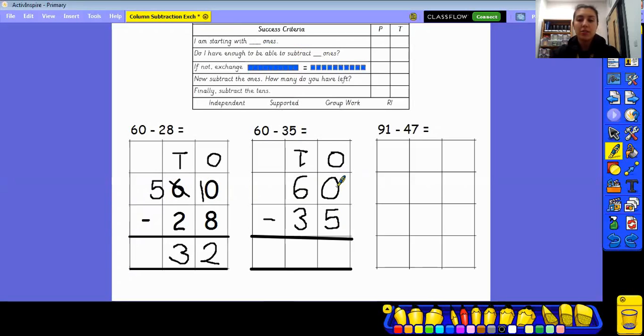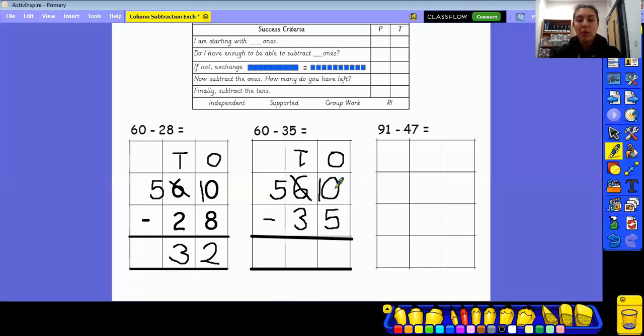So I can't do 0 take away 5. So that means I need to make an exchange. One of my tens from my 6 tens is now going to go into my ones column. And I'm not going to have 6 tens anymore. I'm only going to have 5 tens, that's right.